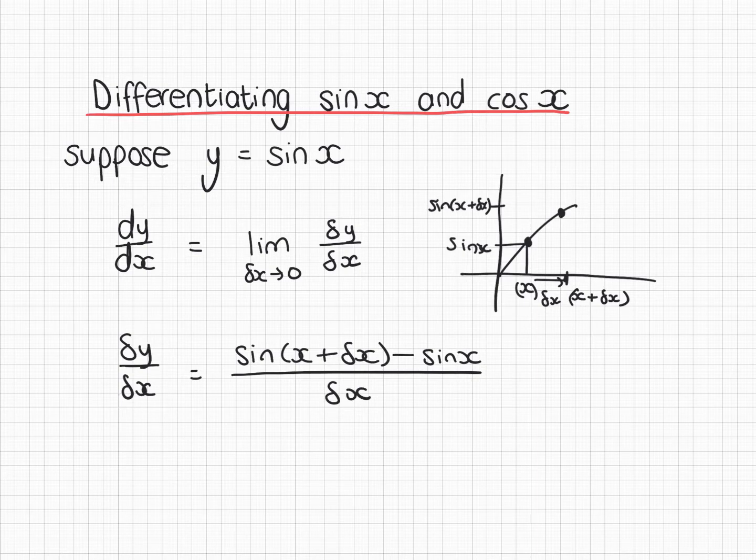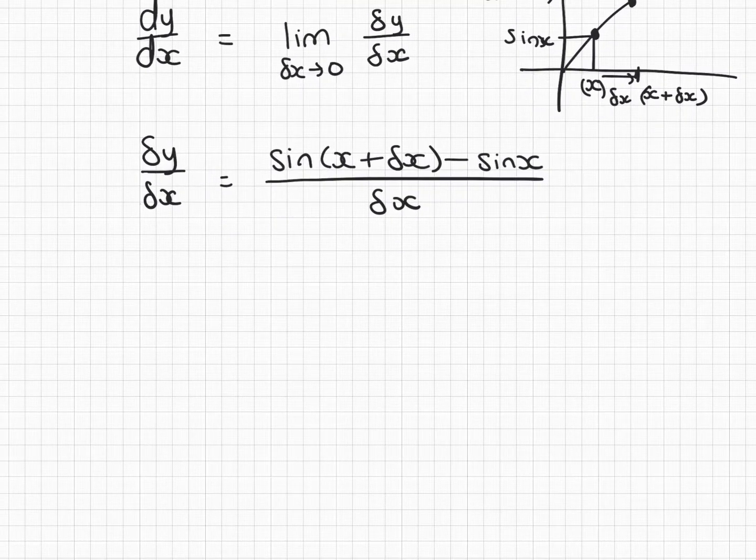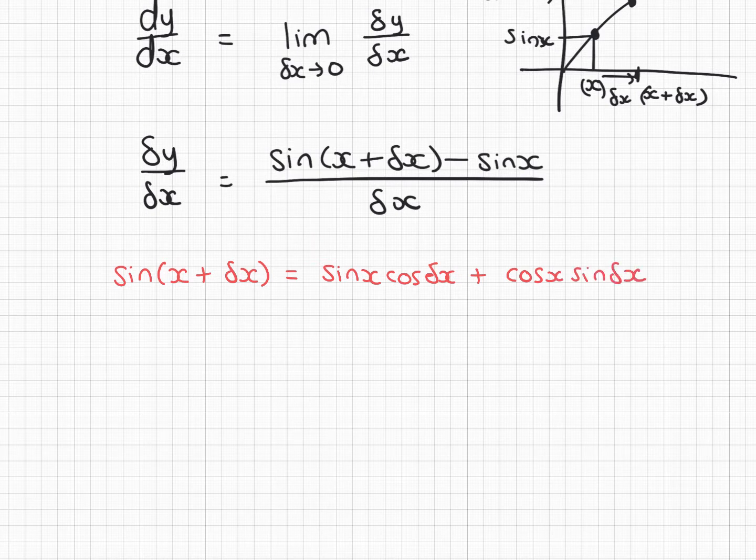And then I'm going to use the addition formulae that we looked at to multiply out this bit here. So using the sine a plus b formula, sine of x plus delta x will be sine x cos delta x plus cos x sine delta x.